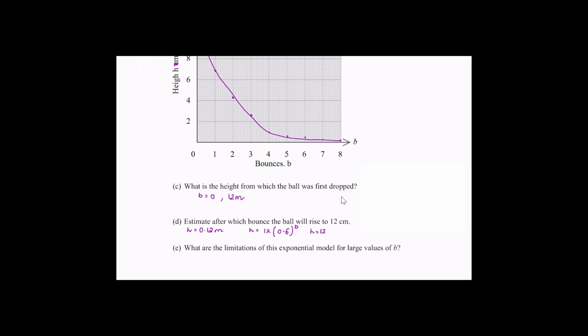So what I can do is I can try some numbers. So let's try, say, 10. So if I put this in, because I'm just guessing and checking, I get 0.07255. Well, that's not going to work. That's way too small. So let's try another guess. And I could try, say, 8. Now, if I used 8, I get 0.2155. Well, that's too big.